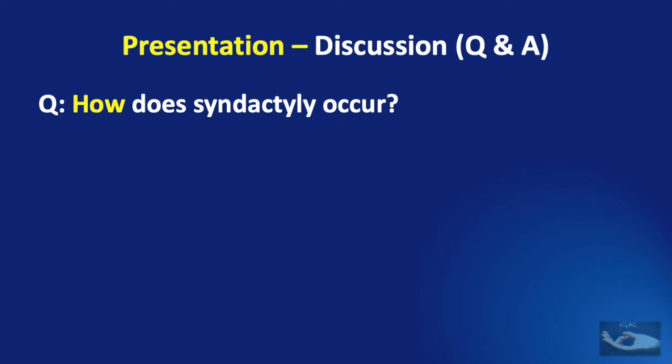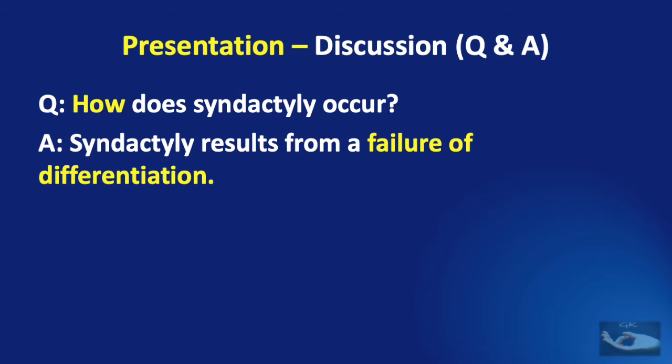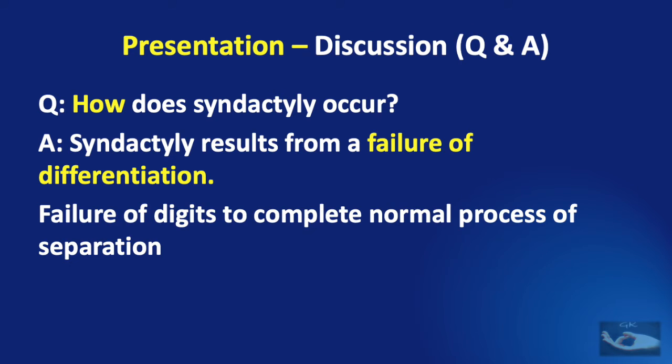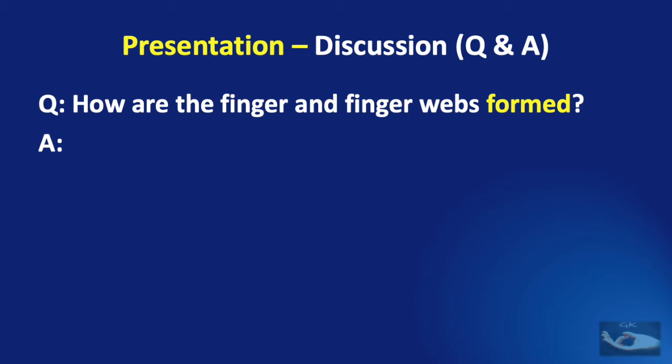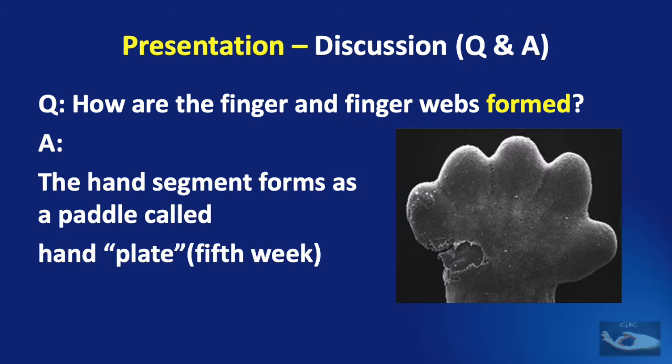How does syndactyly occur? Syndactyly results from a failure of differentiation. That is, there is a failure of the digits to complete the normal process of separation. So what is this normal process by which the finger and finger webs are formed? The hand segment forms a paddle called the hand plate at around the 5th week of gestation.